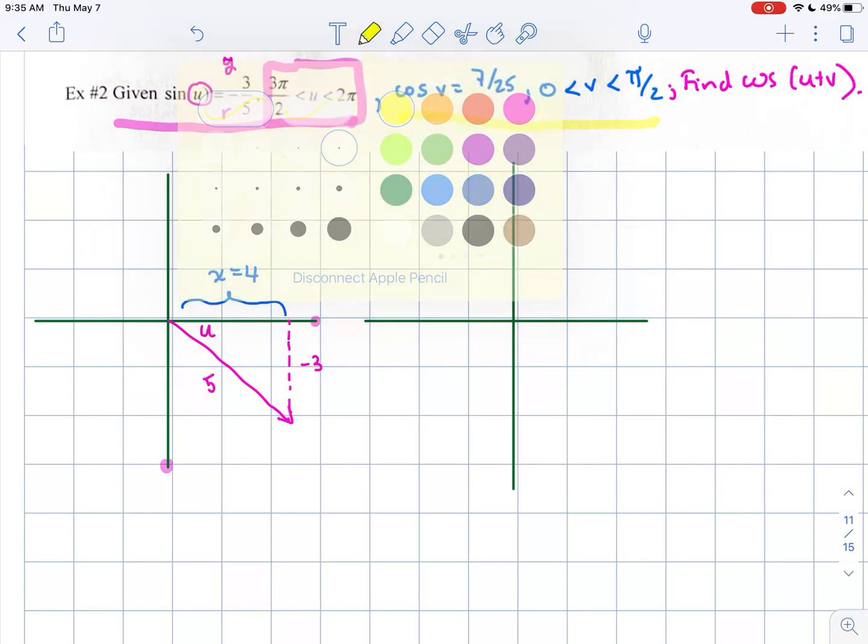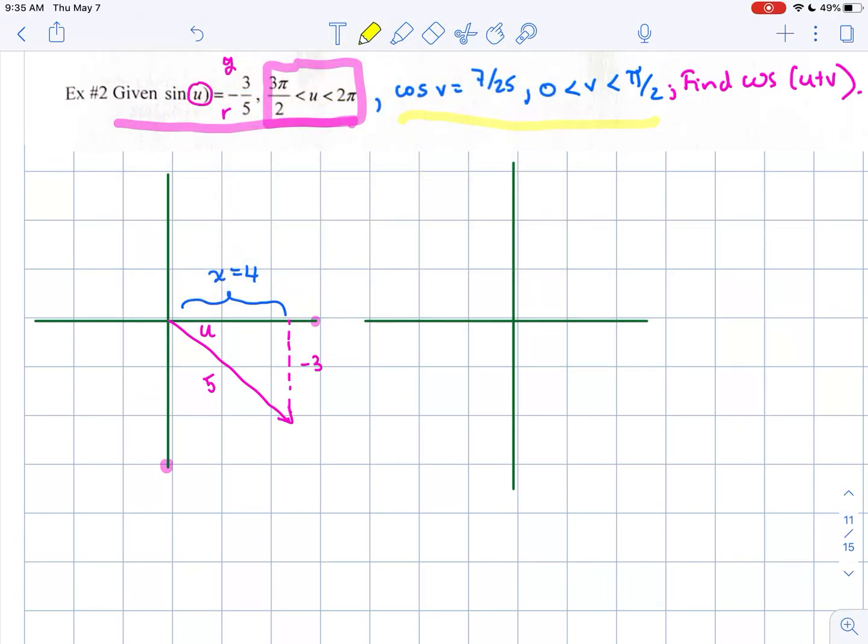So for V, I'm going to draw the angle in yellow. And it's telling me that the angle falls between 0 and pi over 2, which leaves us in the first quadrant. So draw your terminal side. This is angle V. Drop a perpendicular down to your x-axis to form your reference angle.